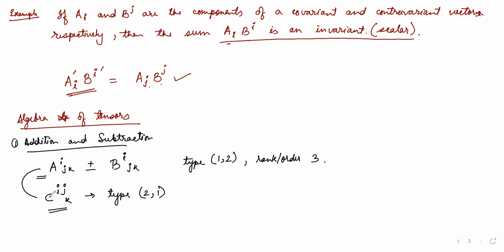A^i_jk plus C^ij_k: these are two tensors, A and C, but they are of different types.